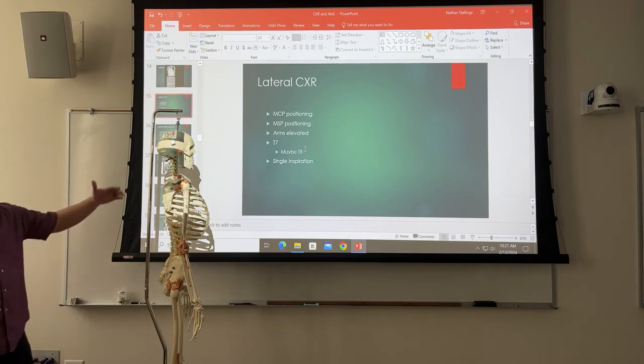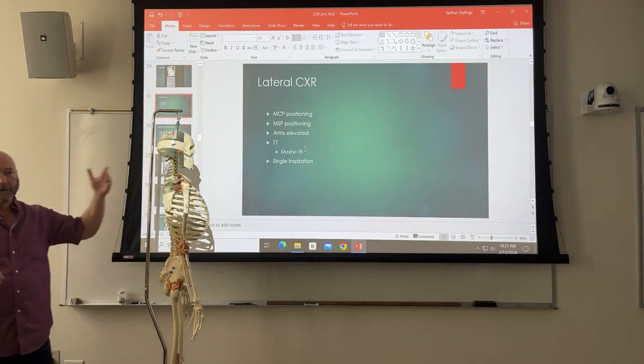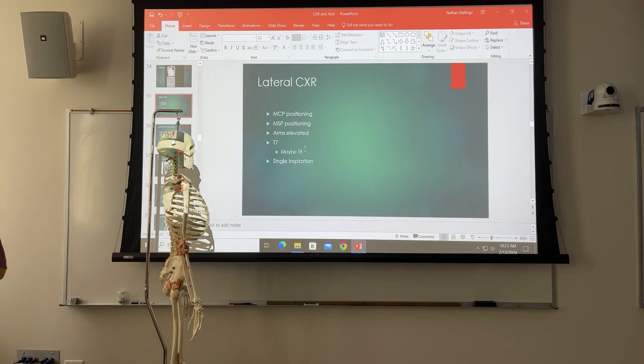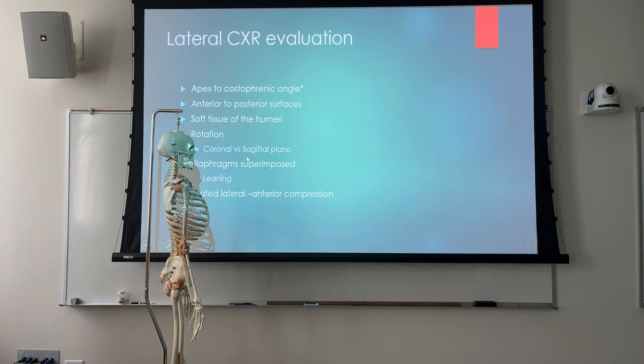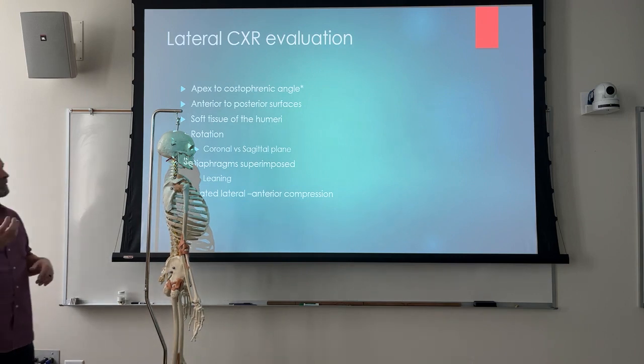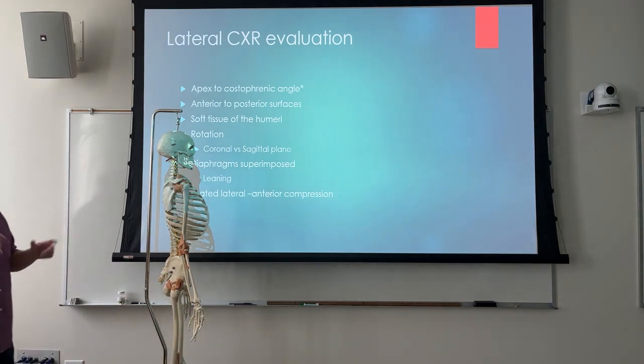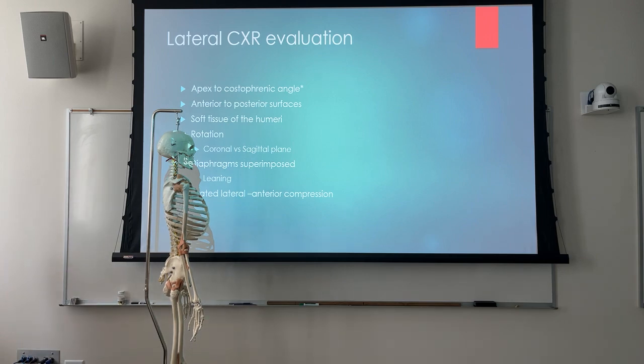For test purposes, we're at T7, but in a clinical setting, you might consider doing that. Single inspiration for lateral, because you already did the two inspirations for PA. You don't need it for the lateral. So what we're going to look for is apex to costophrenic angle. We just talked about why that asterisk is there.